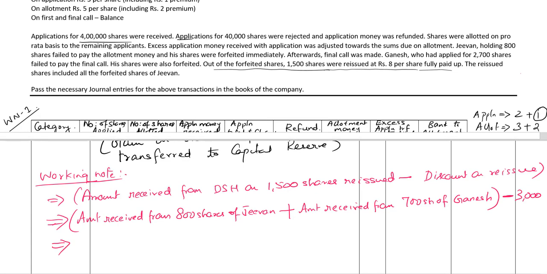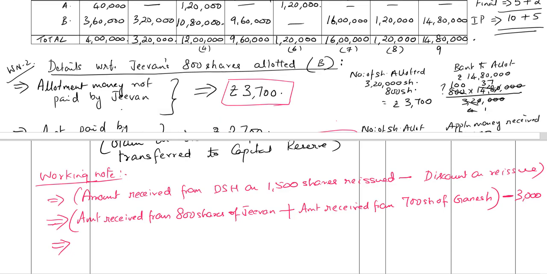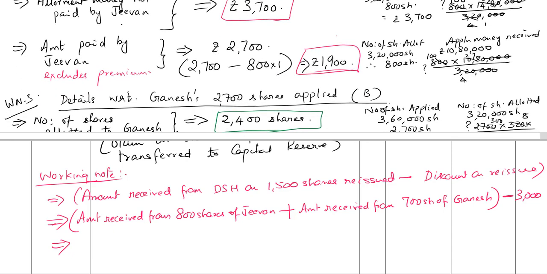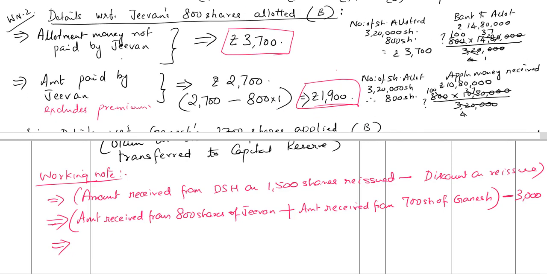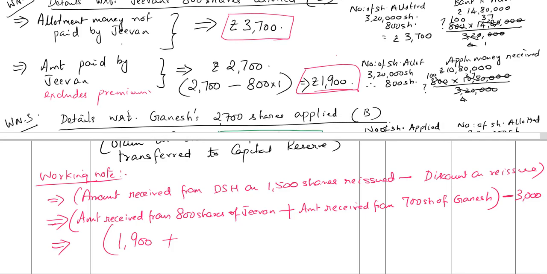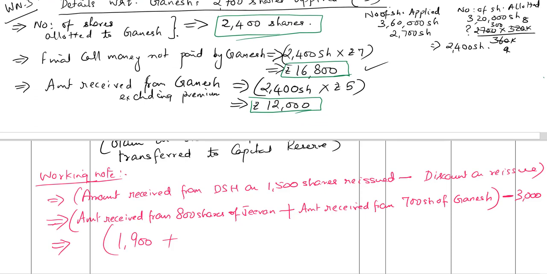Let's go to our working notes to find out how much we've received from the 800 shares of G1. As per the working note, the amount paid by G1 excluding the premium is 1,900 rupees. So 1,900 plus the amount received from Ganesh's 700 shares.